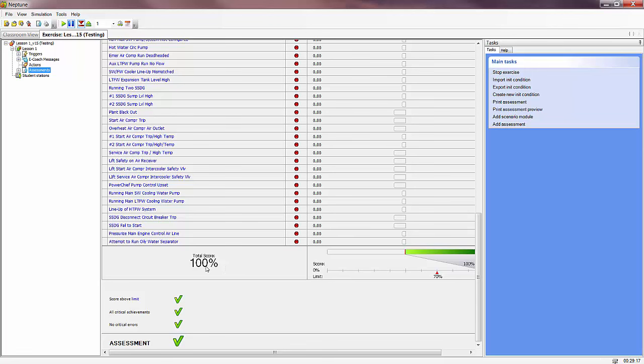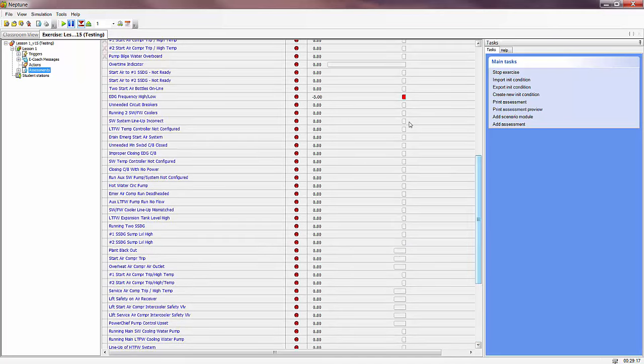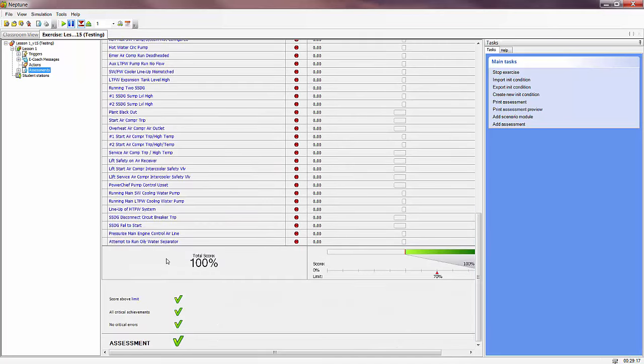This score is primarily composed of the positive factors. Negatives have very little effect on it. And you notice I did have a negative, yet it had no effect. So the only thing that this is used for is you have to, in this case, be over 70% to pass the assessment.